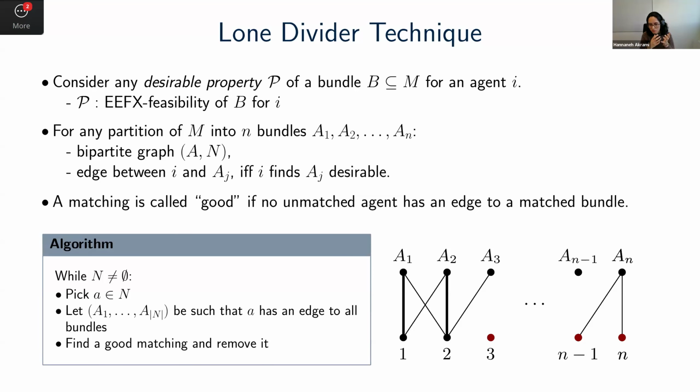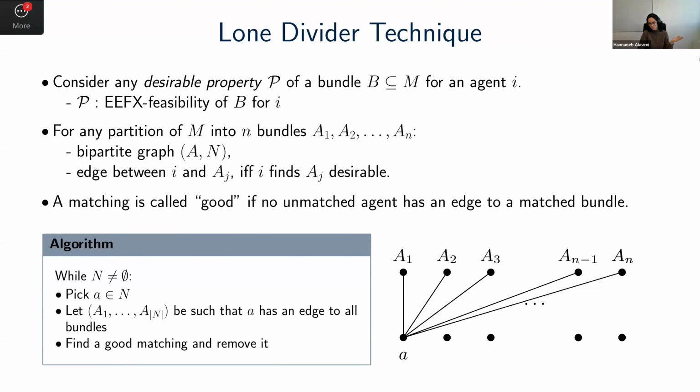In particular, the way that we find the matching in each round is the following. In each round, we pick an arbitrary agent i who has remained, and we ask that agent to give us a partition, A1 up to An, such that she has an edge to all of these bundles. She finds all these bundles desirable.